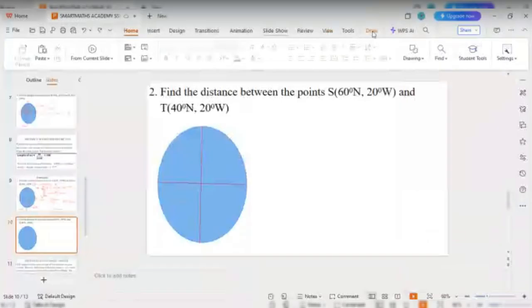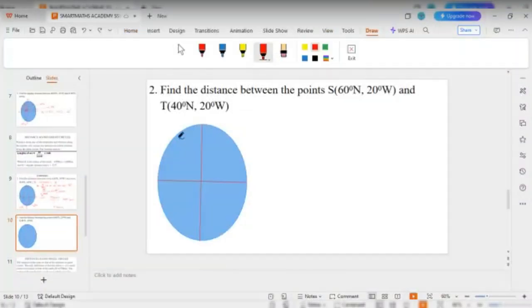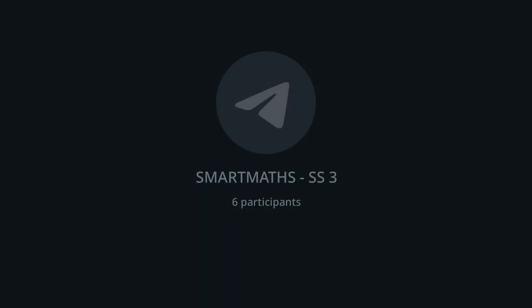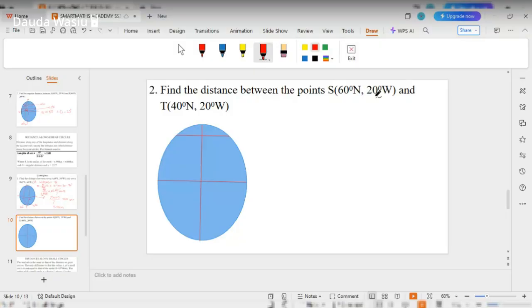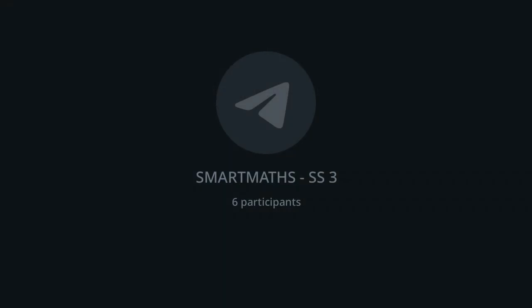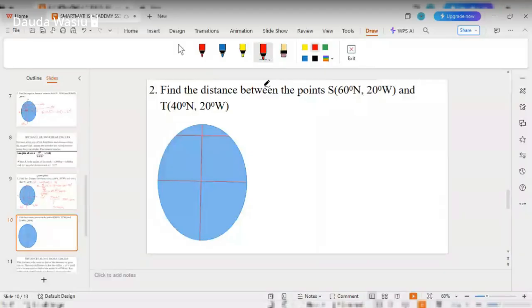So 60 degrees north is somewhere here. So I'm going to draw the circle there. Then 20 degrees west. So this one must come from the north. Let me use the free hand to do this. So 60 degrees north, we have this.